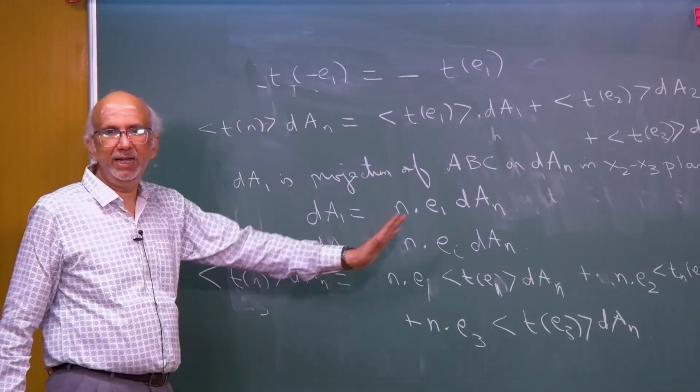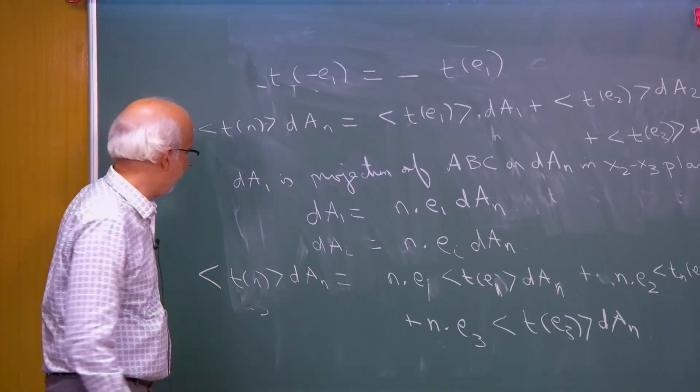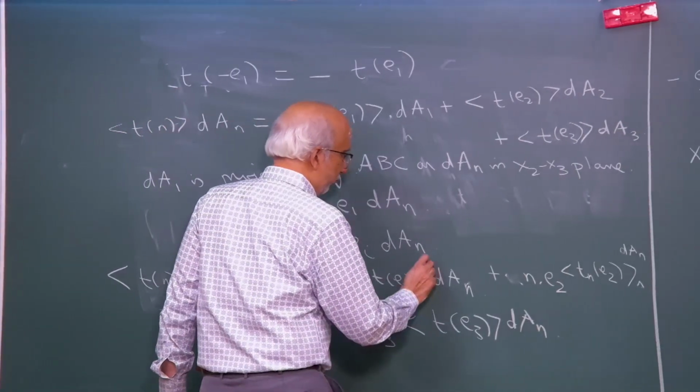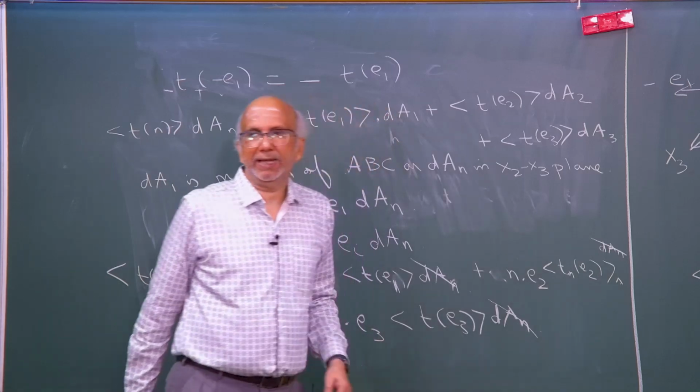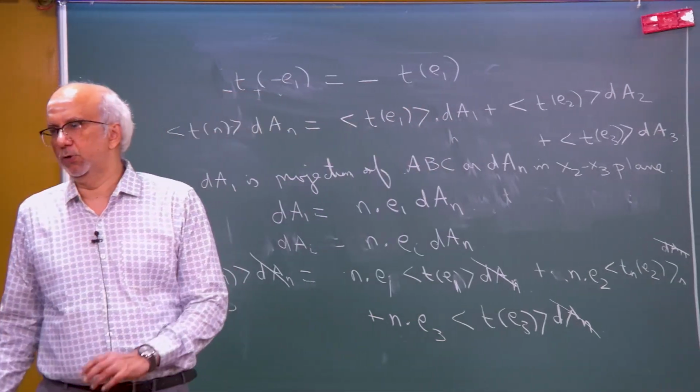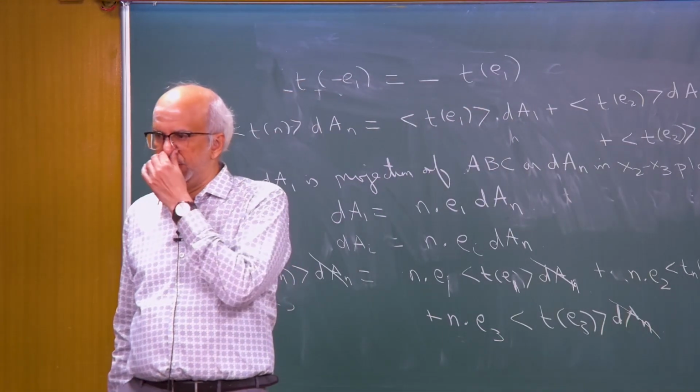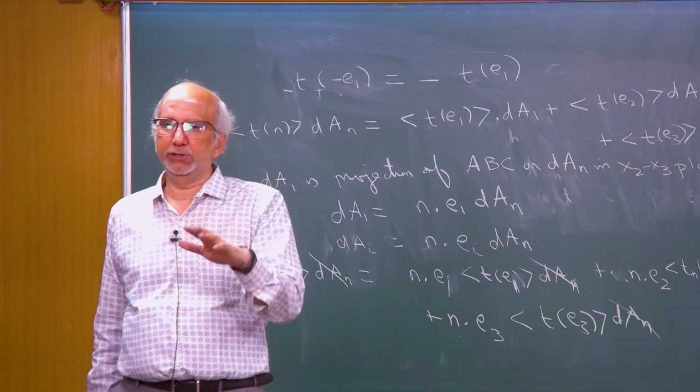So, now I have dA n common everywhere, and that is the reason I did not want to do the summation here, because we are not summing. I can cancel out dA n because it is a non-zero quantity; it is tending to 0, but it is not 0.